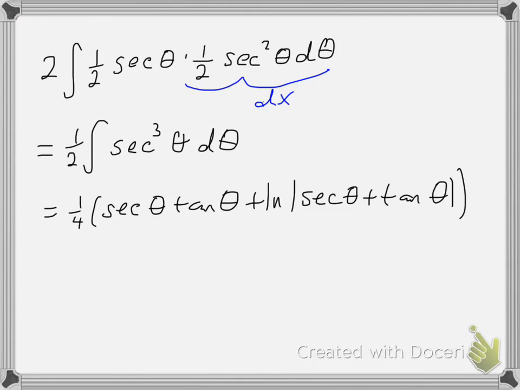So let's see what this thing turns out to be. Using a reference triangle, we express the antiderivative in terms of the original variable x, and then we'll evaluate the definite integral. So we draw a right triangle. Here's theta.